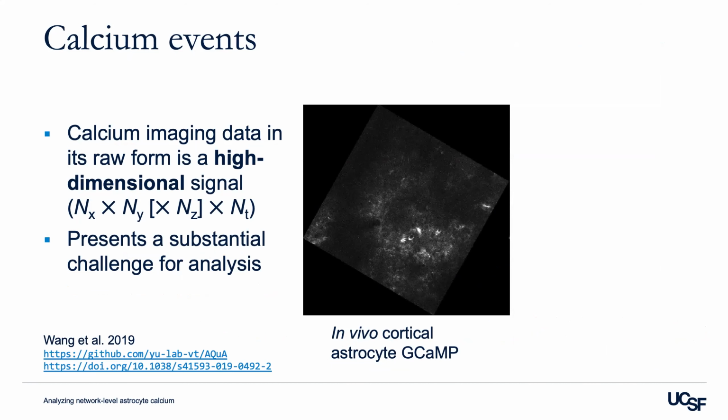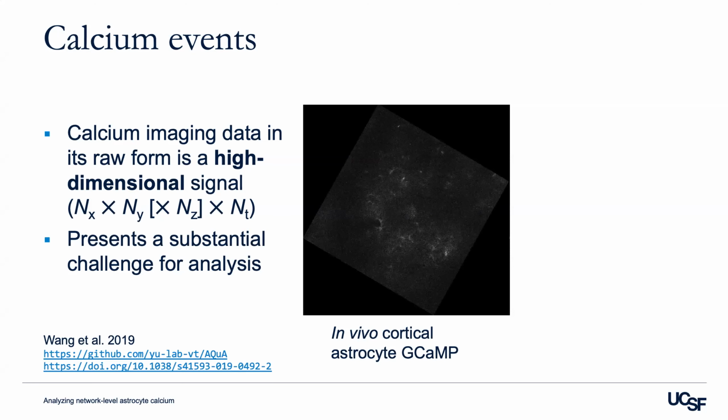And so here is an example of a calcium imaging data set taken from cortex measuring astrocytic GCaMP in vivo. And calcium imaging is incredibly important because it enables us to capture so much of the rich detail in the dynamics in the spatial and temporal behavior of the calcium fluctuations within an astrocyte.